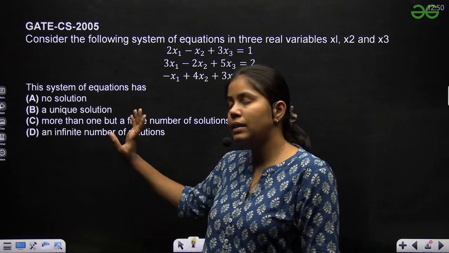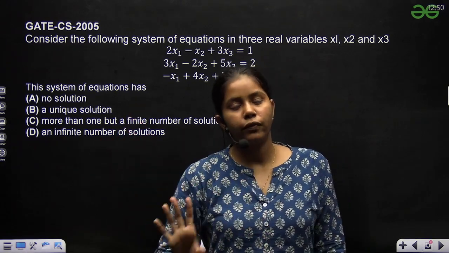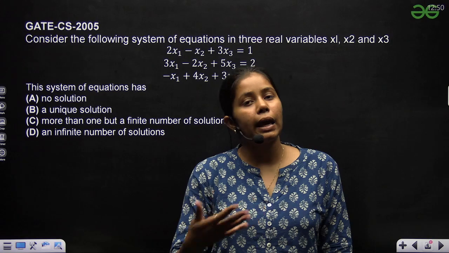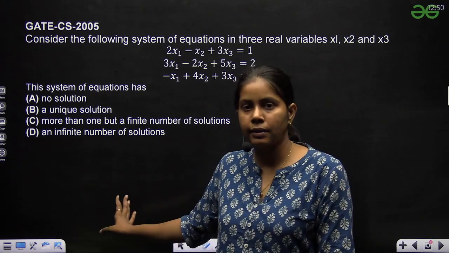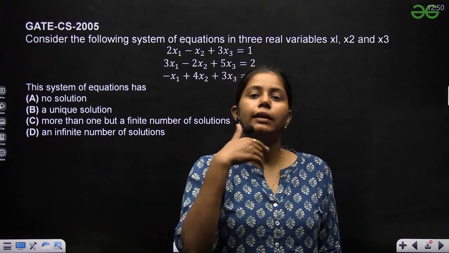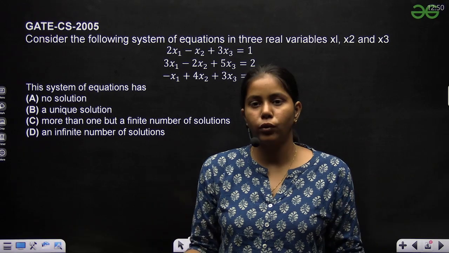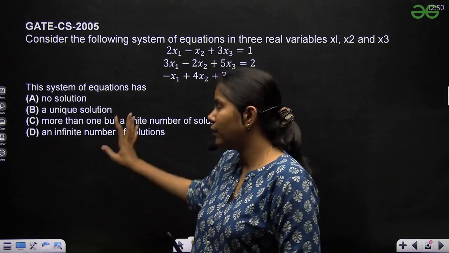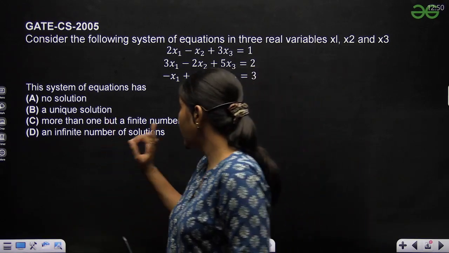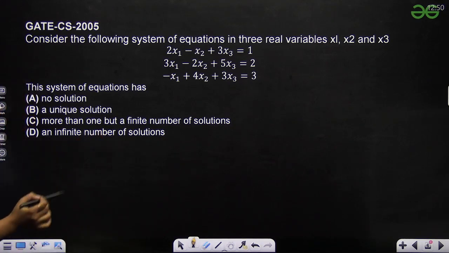There does not exist any case of more than one but a finite number of solutions. We'll come to that in homogeneous systems, when they talk about independent solutions, then we'll discuss that.